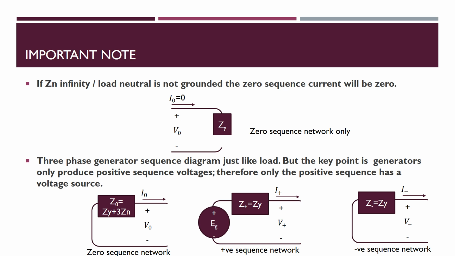That means the negative and zero sequence currents will not be there, and only the positive sequence network is present. Normally we were discussing only the positive sequence network, so the other two networks disappeared, but in an unbalanced system, these two other networks come into the picture along with the positive sequence network.